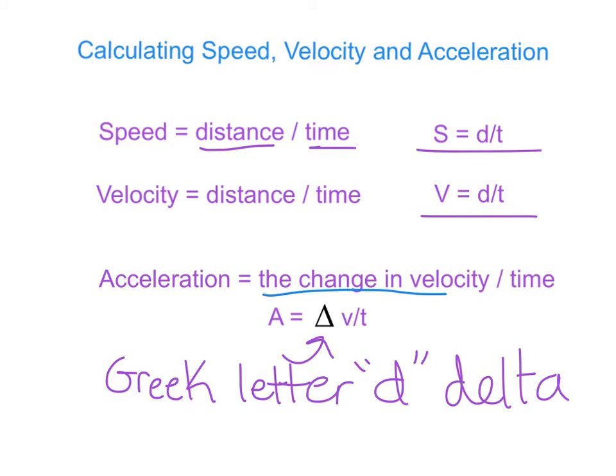When I draw it by hand, it kind of winds up looking like that because I'm not very good at it. But that's the idea. It's supposed to be basically a triangle. Sometimes you'll see it with curved edges like that. So acceleration is the change in velocity over time. In other words, you have to figure out how much your velocity has changed from one second to the next.